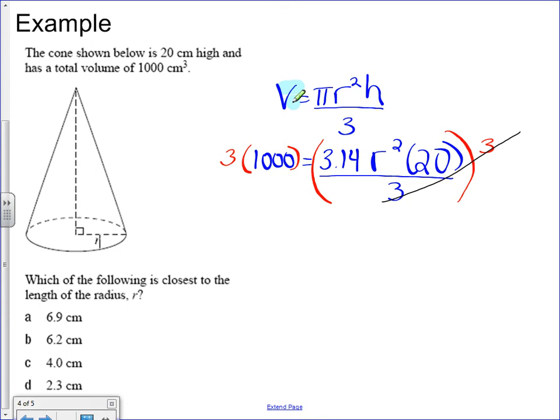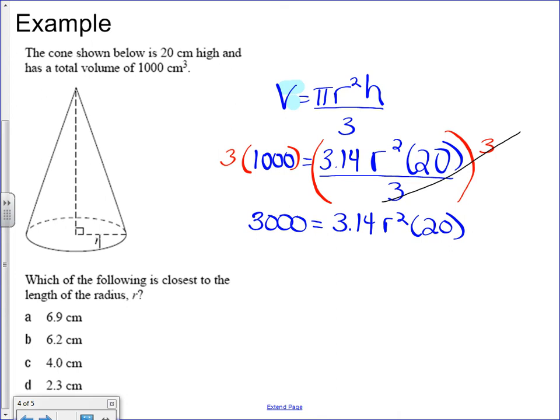So what will I write, Lucas, on my next line here? Good. So again, I love that he simplified this. He did this 3 times 1,000, which gives me 3,000. Crossed out those 3's. Beautiful.